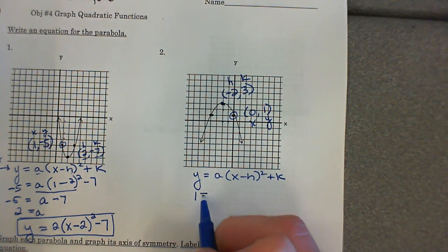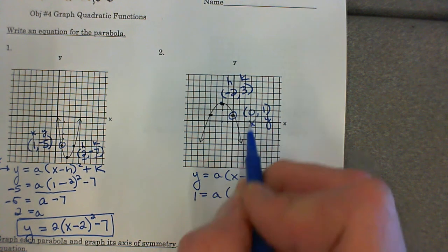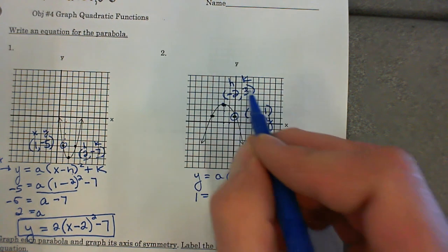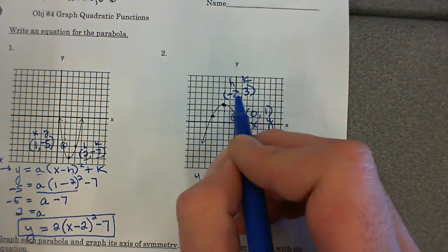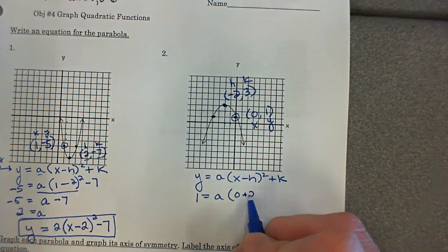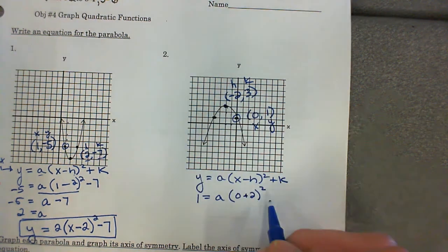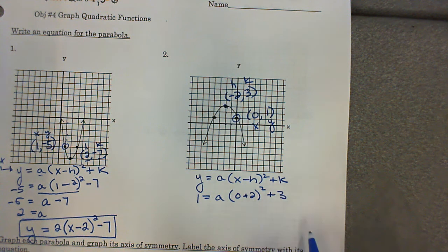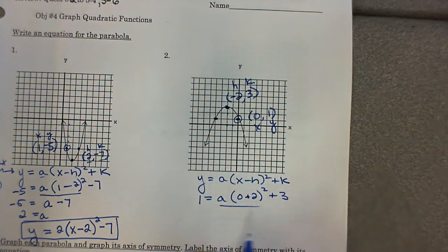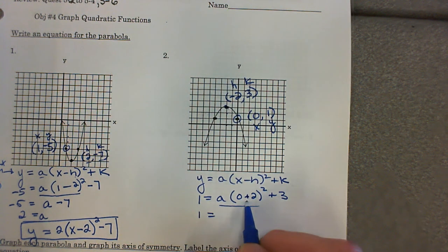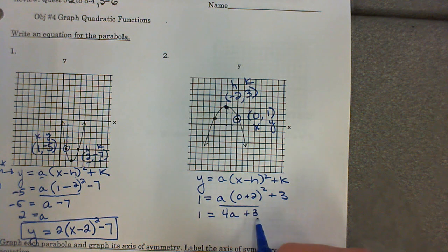So we've got 1 equals a times (0 minus negative 2, so that's plus 2) squared, plus k, k is 3. This again is all one term, so 1 equals a times (0 plus 2, which is 2) squared is 4, so this is 4a plus 3.